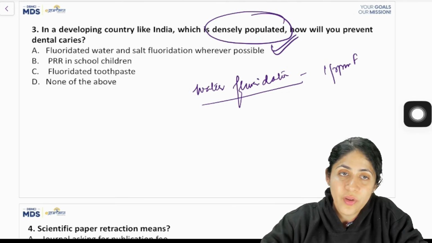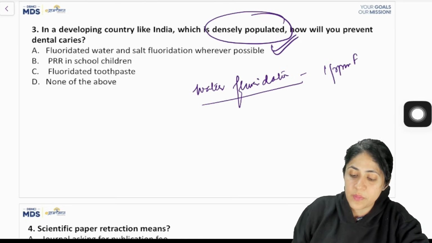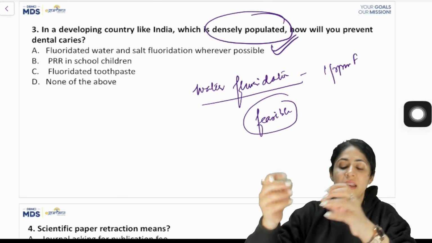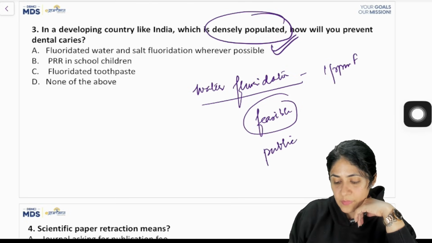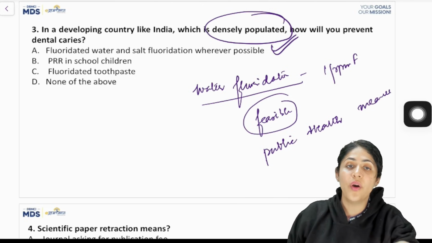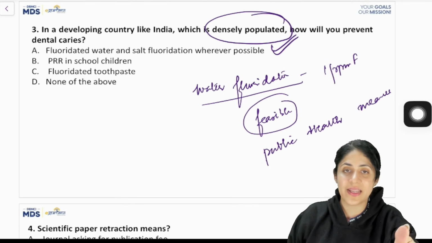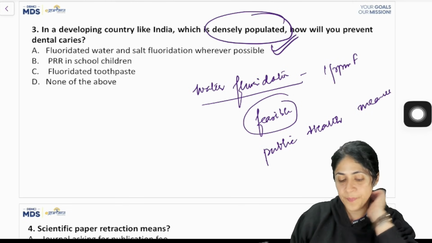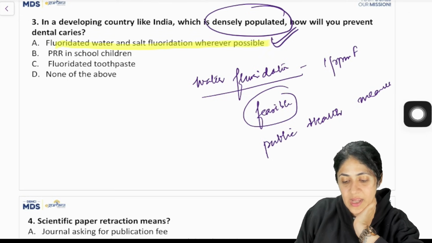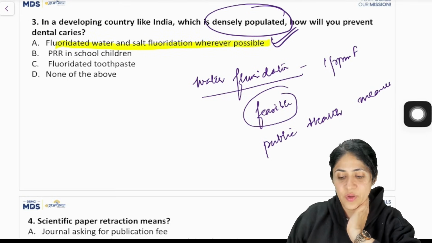If the country is densely populated, community water fluoridation is a feasible method for the entire population, so the entire public can be given the advantage, or if you want to provide widespread access to fluoride. So the answer here would be fluoridated water and salt fluoridation wherever possible.